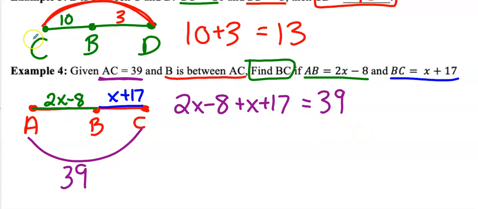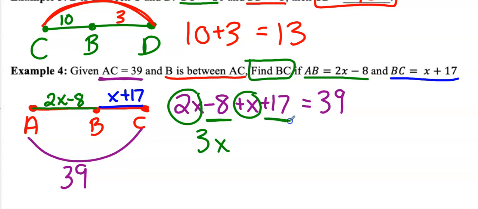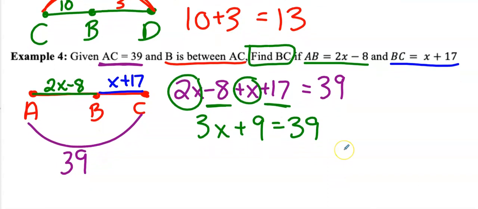So, ¿qué terms es similar? 2x y x. So 2x and x, circle y suma es 3x. Y negative 8 plus 17. Negative 8 plus 17 is positive 9. Y bring down 39.